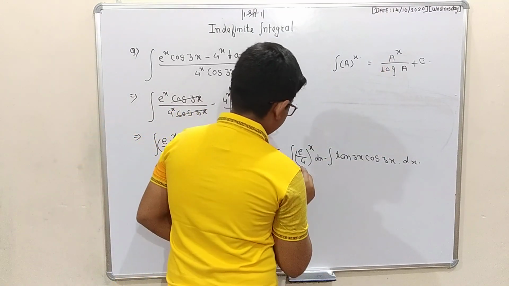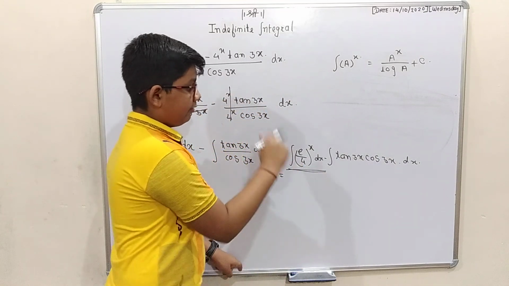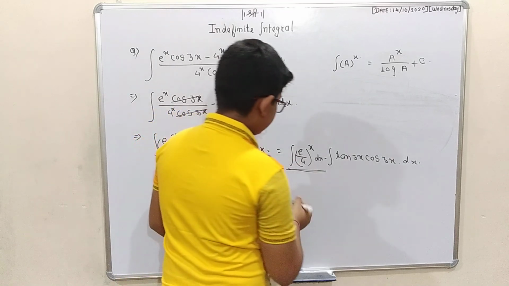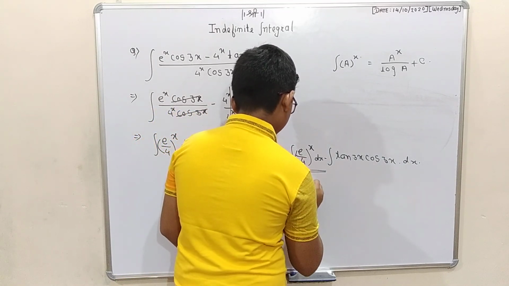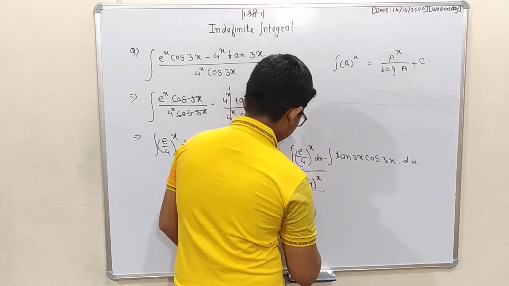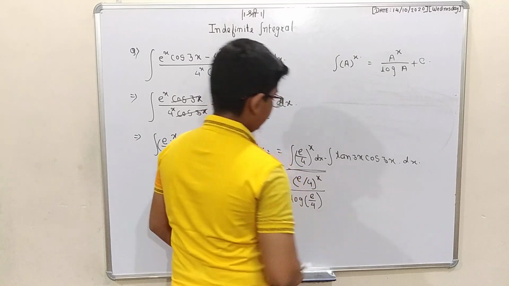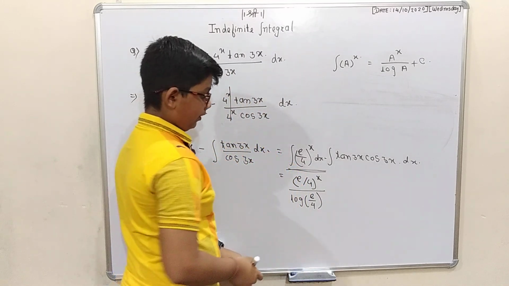Now if we simplify it, integral (e by 4) whole raised to the power of x dx gets simplified to (e by 4) whole to the power x divided by log of e by 4.